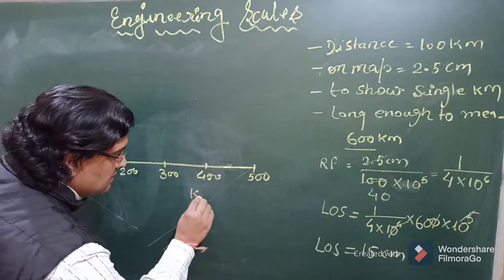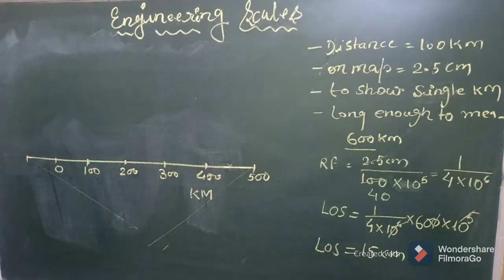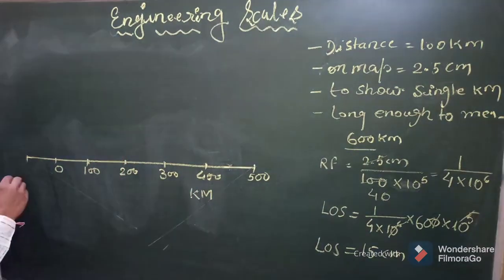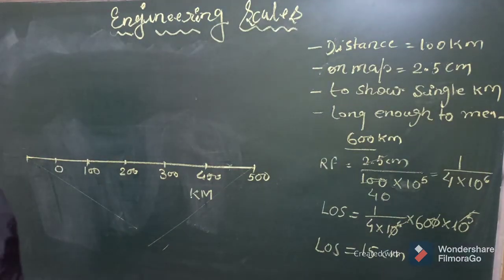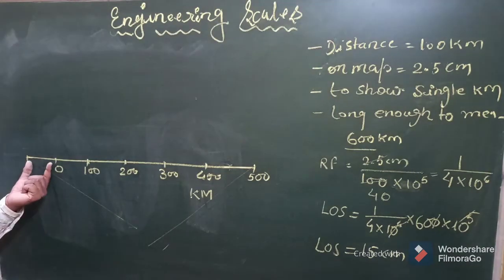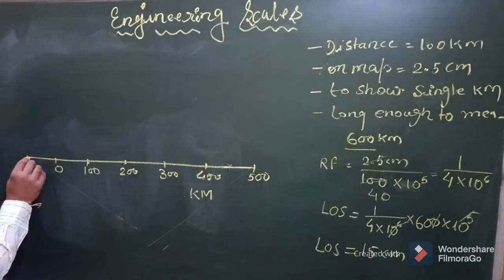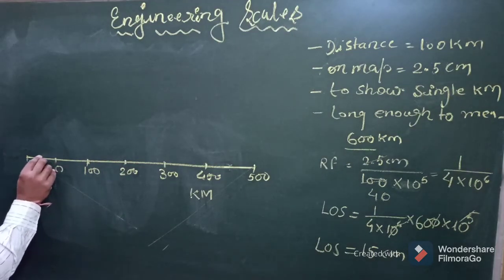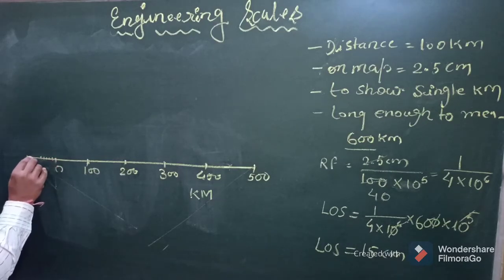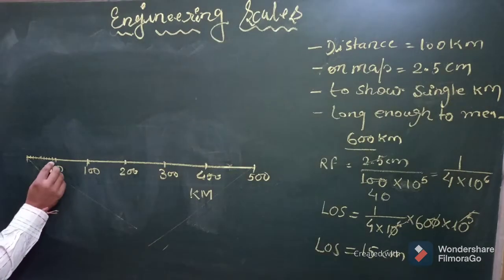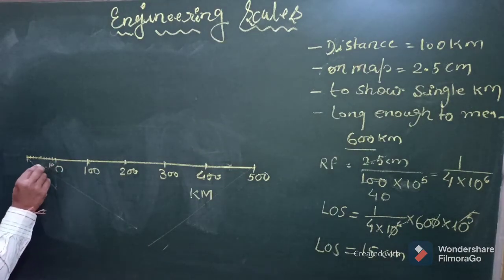Here it is hundreds of kilometers. Now just like the plane scale, divide this line into 10 equal divisions so as to get divisions of 10 kilometer. Again draw that construction and you are getting this, which can be marked as 10 up to 100.